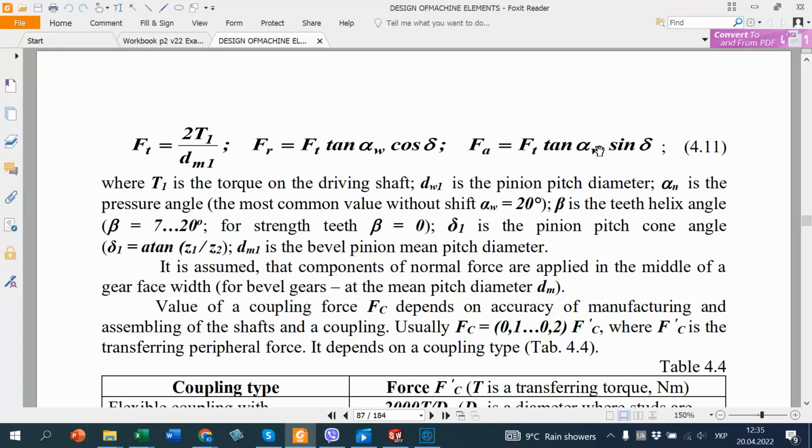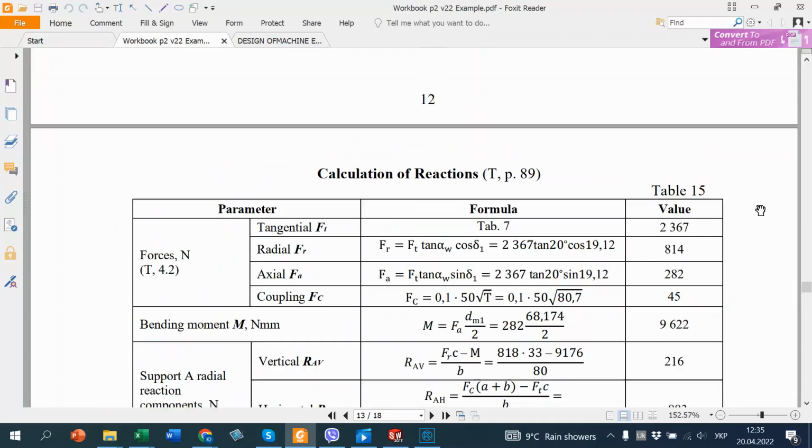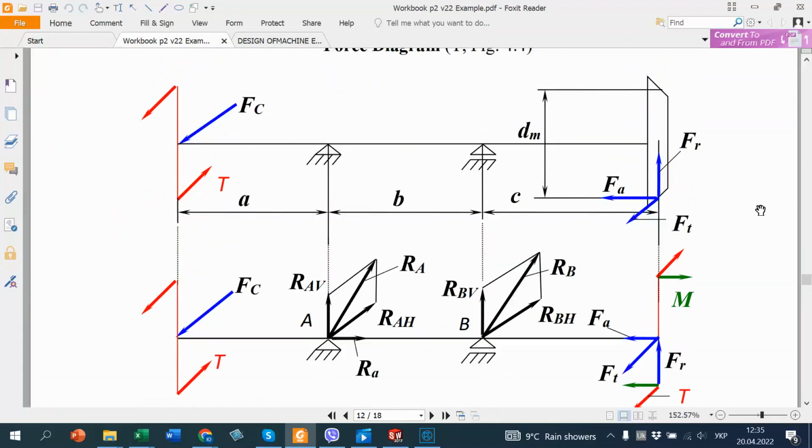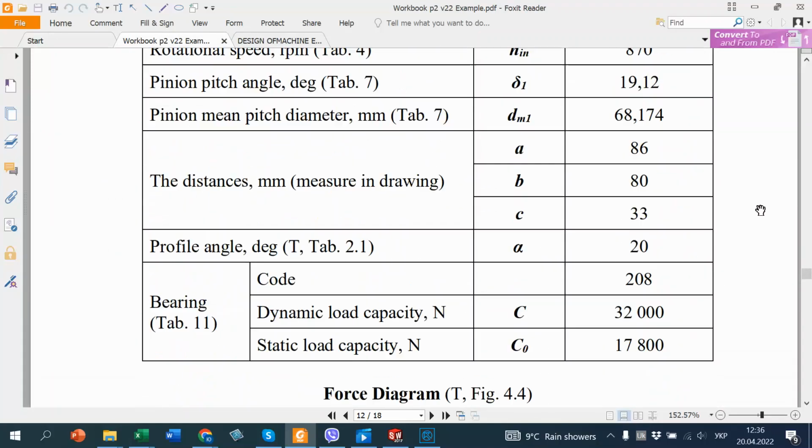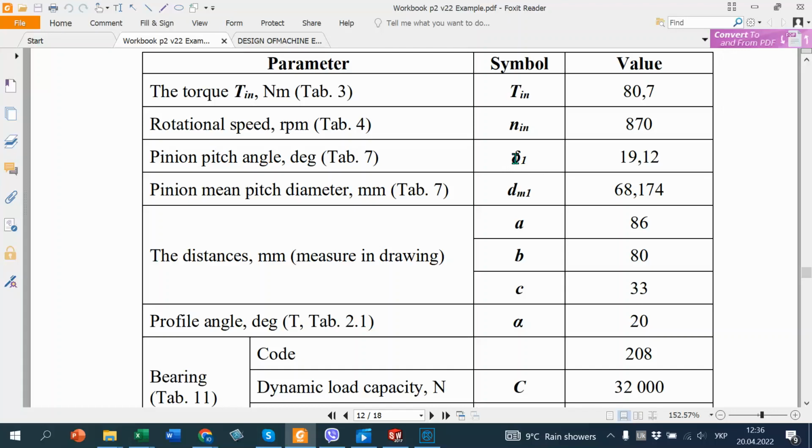Tangent alpha the same, sine and cosine of delta. Delta is this pinion pitch angle.